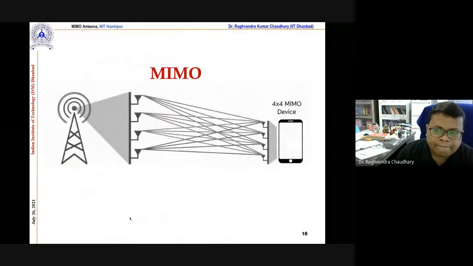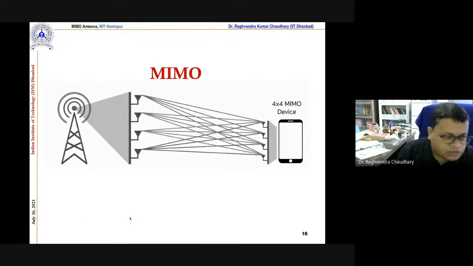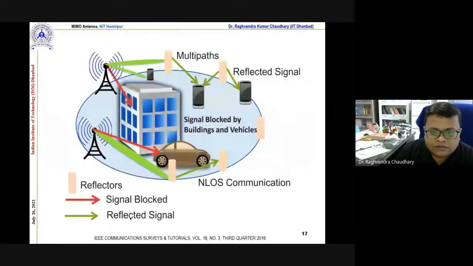When we say MIMO, here we have a transmitter and we have a device, our mobile. Here you can see this is a 4x4 MIMO device: 4 transmitters and 4 receivers. Now this picture is really very good, and we may infer a number of things.